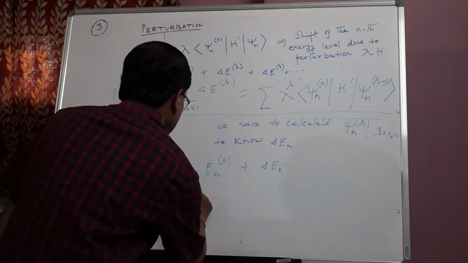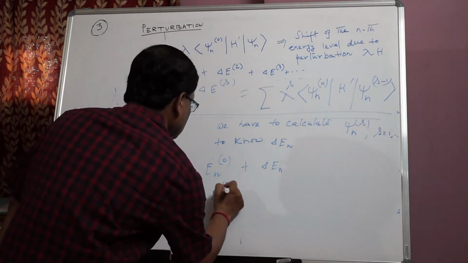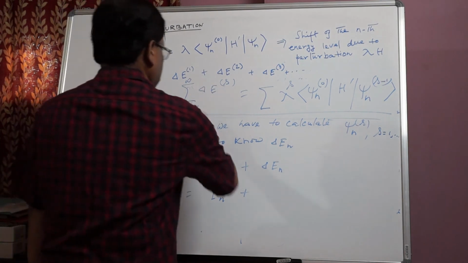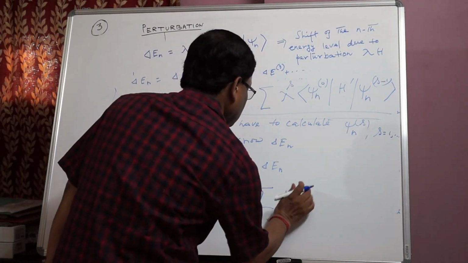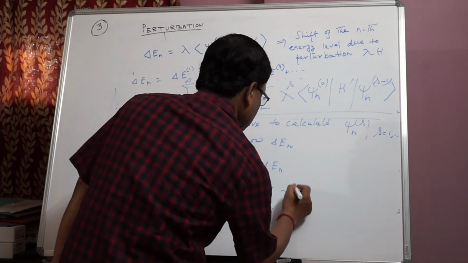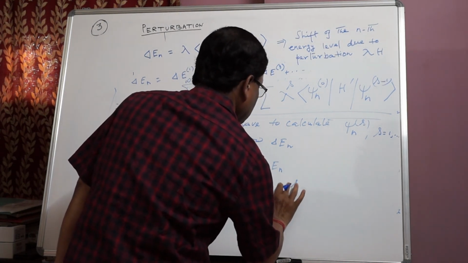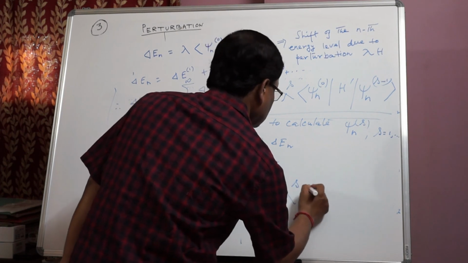So I can write En0 plus this one, lambda is the strength of the perturbation, you know.